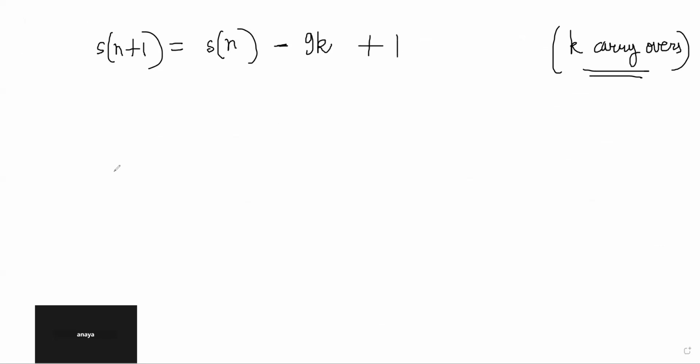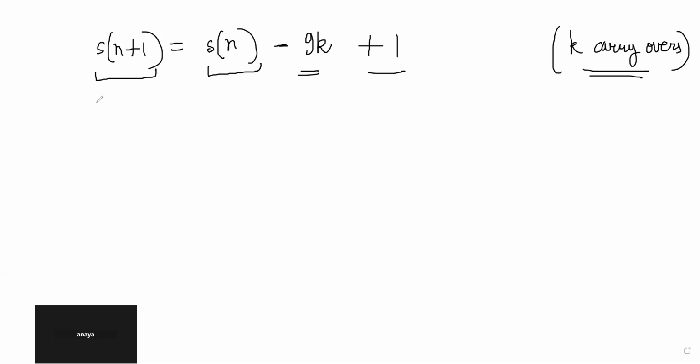Do you understand? Yes. Because when k carryovers happened, then k times 9 got vanished, became 0. So from the original number, we have to subtract 9k and add 1, right? Is it clear? Yes. Okay. Now, this is the equation that we have, and we want to ensure that both of these are divisible by 5 somehow.